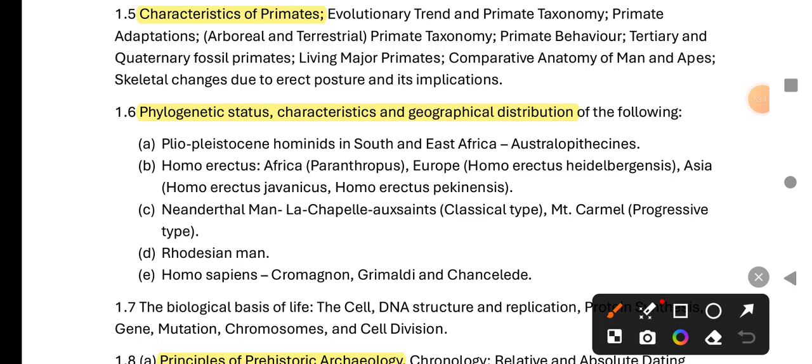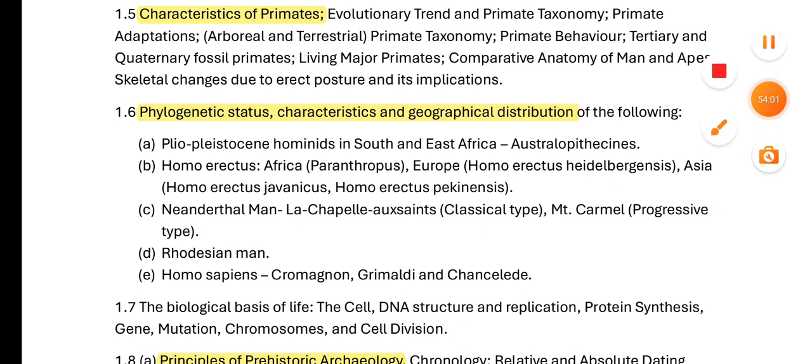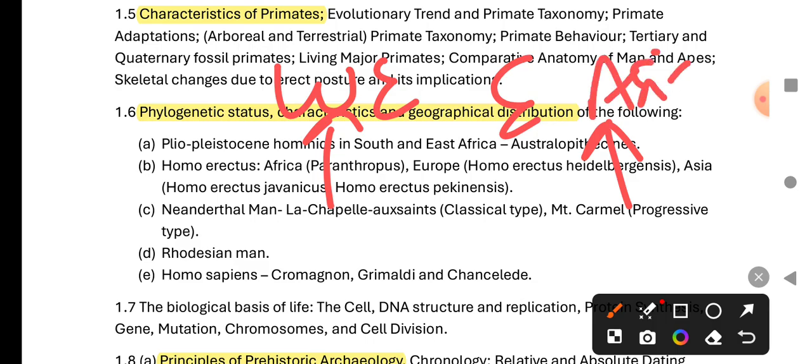The mastoid and linea aspera are direct evidence of bipedalism, because when we study the Neanderthal man, there is La Chapelle, the classical type, and Mount Carmel, the progressive type. This is called the Western European Neanderthal, and this is called the East European or Asian Neanderthal.